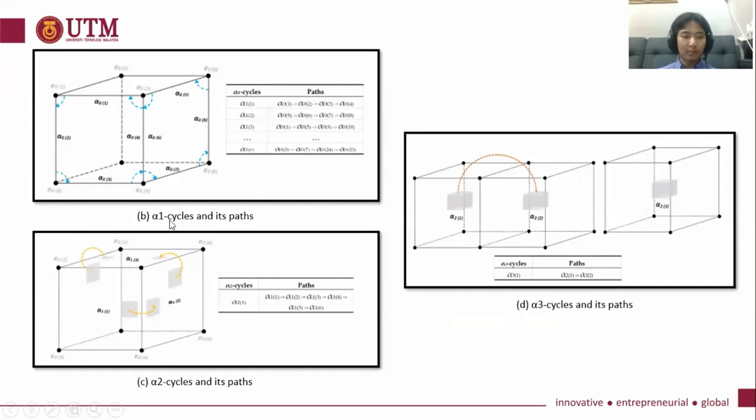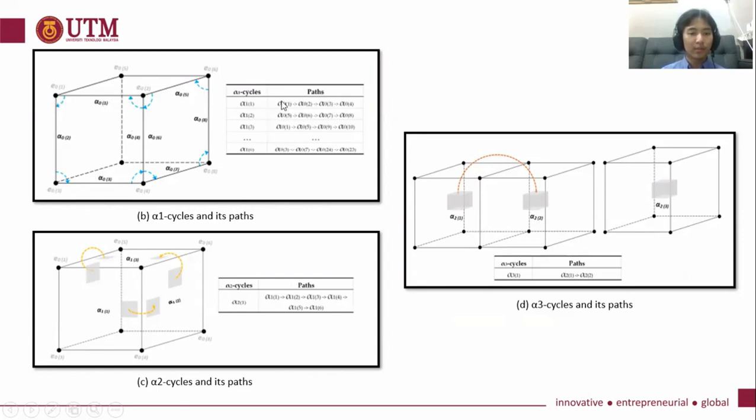Next is the alpha 1 cycles and its path. So based on this figure, the first alpha 1 cycle is from alpha 01 to alpha 02 to alpha 03 and to alpha 04. And based on this cube, it shows that alpha 01 is the line connecting points.